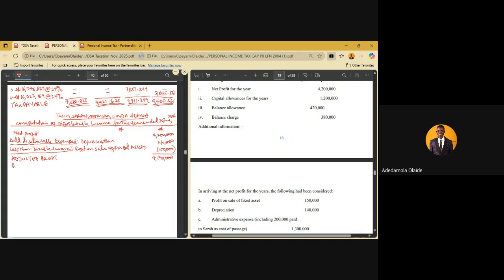Then we can now add balancing charge, 380,000, less balancing allowance, 420,000, and capital allowance, 1.2 million. So that will give us 1,520,000.